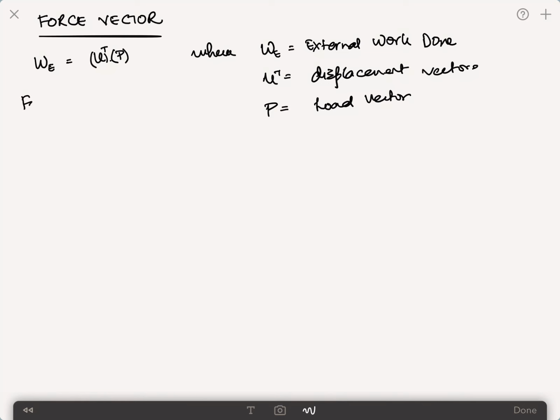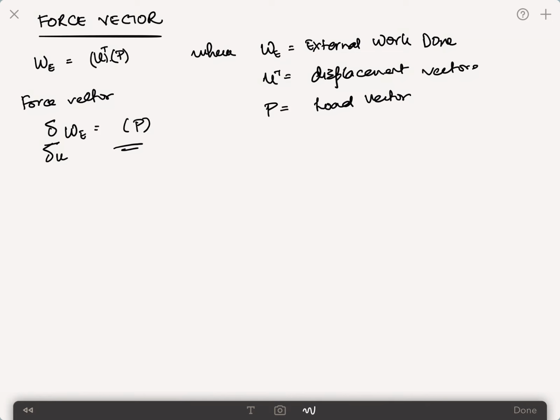Now, to find the force vector or the load vector, you have to take the partial derivative of WE with respect to U, which would basically end up as P, and that would give you the load or force vector for your problem.